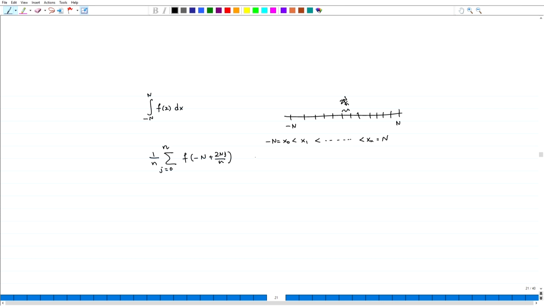So, I can always rewrite this as 1 over n, summation over k equal to minus capital N n to n, n f of k by n.